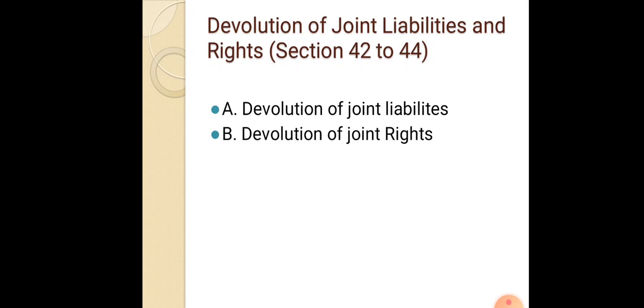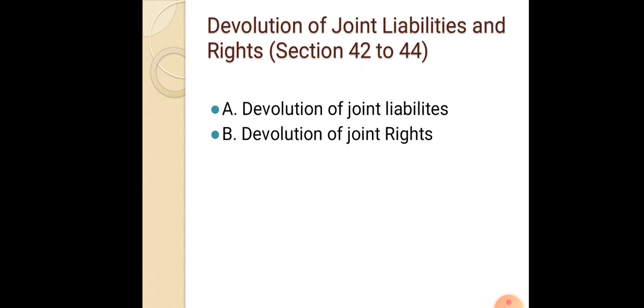The nature of rights of the joint promisees will be as follows. One, all the joint promisees can claim the performance of the promise from the promisor jointly. Second, the benefit of the promise devolves or passes on to the legal representative of the deceased promisee.